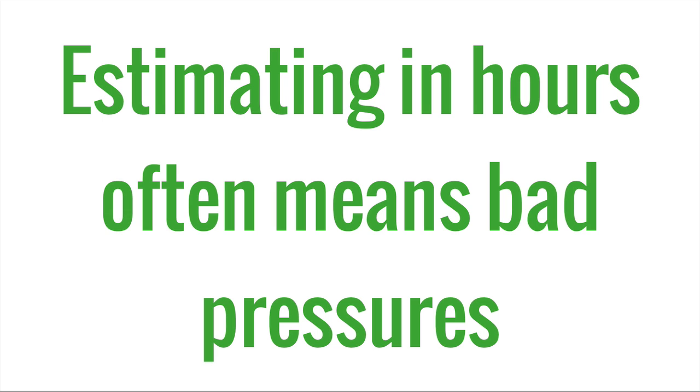Somebody says this has to ship on January 15th, come hell or high water. Then there's going to be a lot of pressure to get estimates in line, especially for a while. And I think a lot of times that is correlated in my experience with teams that are being asked to produce precise estimates in hours.